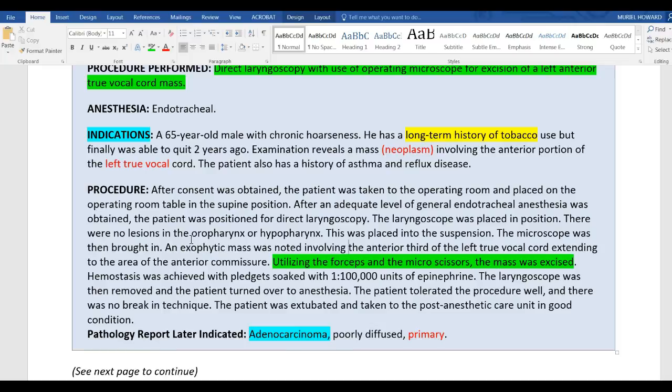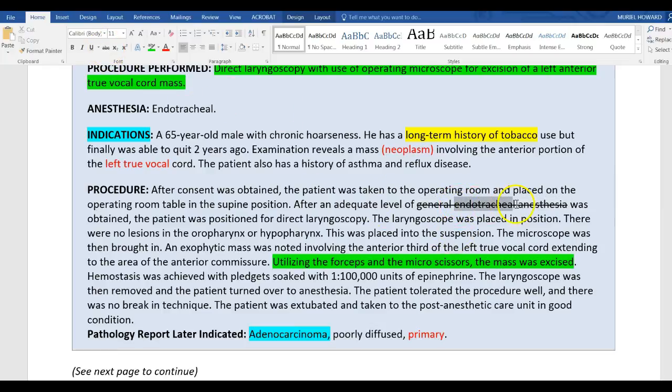So it's talking about he's in the operating room, placed on the table in a supine position, and that's laying face up. The patient had general endotracheal anesthesia. We are not coding for the anesthesiologist, so this does not matter.